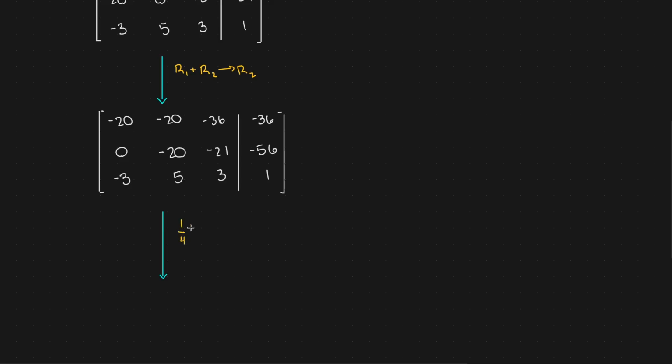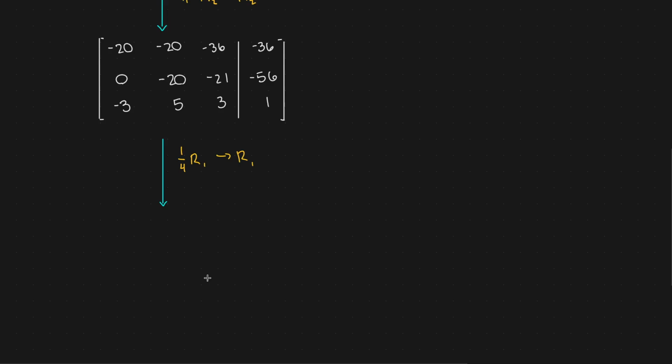So 1/4 row 1, that's my new row 1. So negative 5, negative 5, negative 9, negative 9. Row 2 stays the same. Row 3 stays the same.